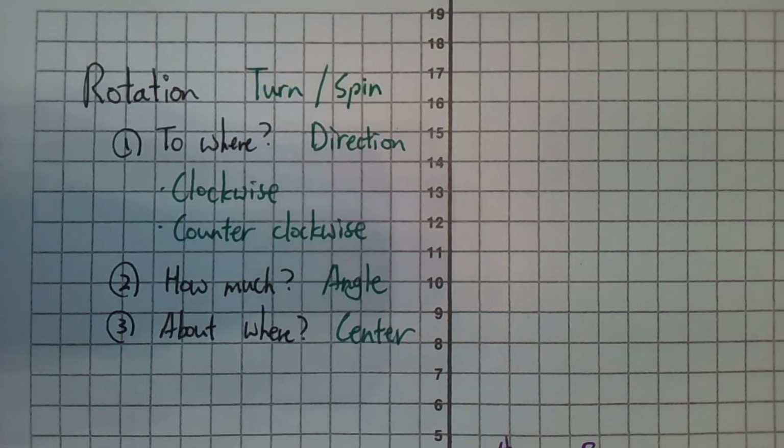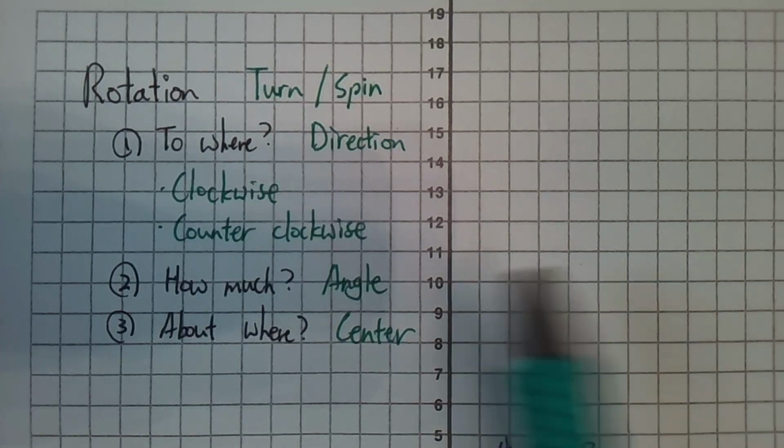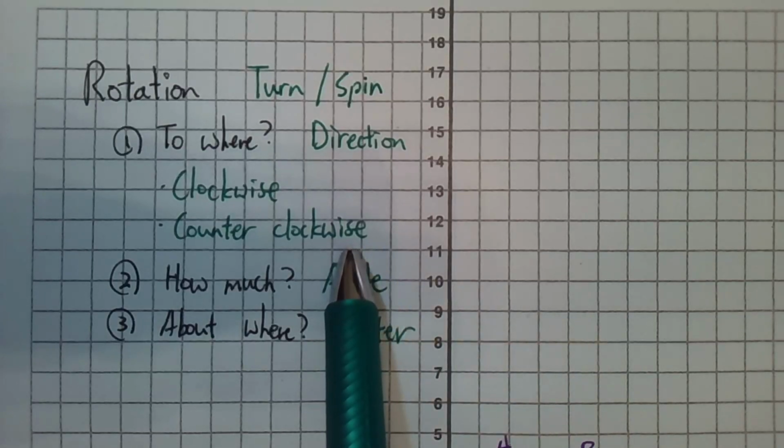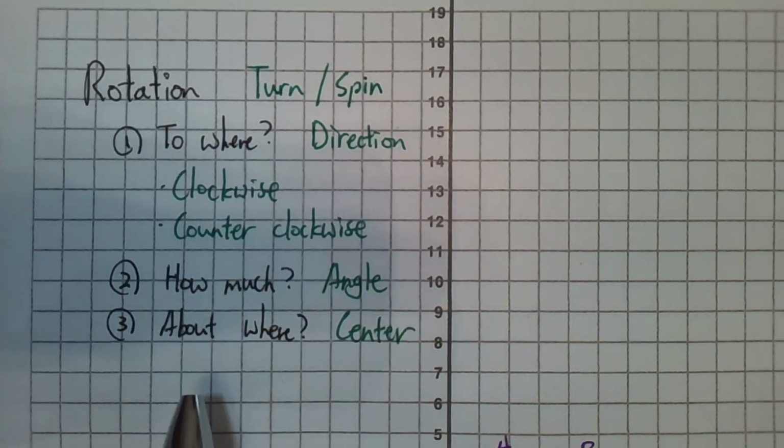But there are three pieces of information that are very important for you to know if you want to do the rotation correctly. One, to where, and that's direction. Is the shape going to turn to the right or turn to the left? Here we use the word clockwise to turn right and counterclockwise to turn left.